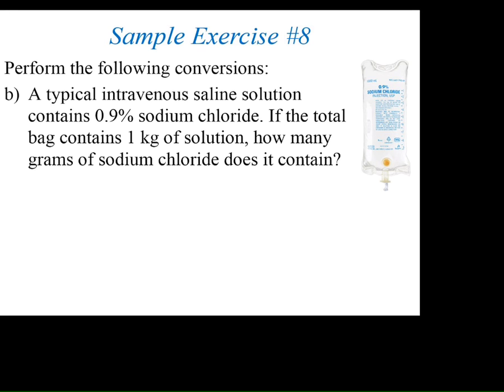So I have 1 kilogram of solution, and I'll use the little abbreviation we like in chemistry, SOL apostrophe N. And I'm trying to get that into grams of sodium chloride, which is Na and Cl, sodium and chlorine. So I want to get from solution to sodium chloride.